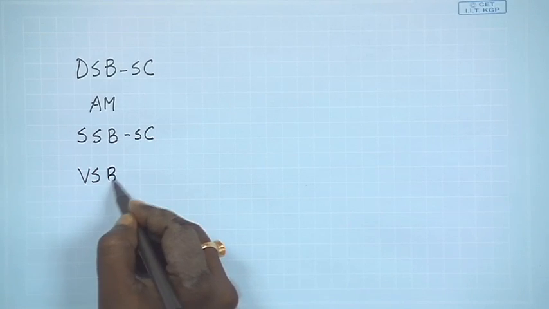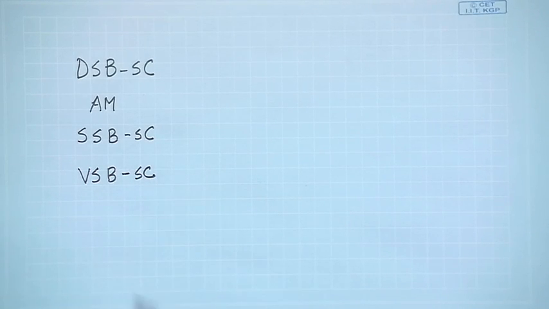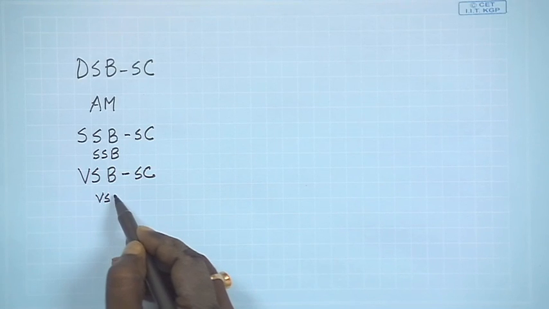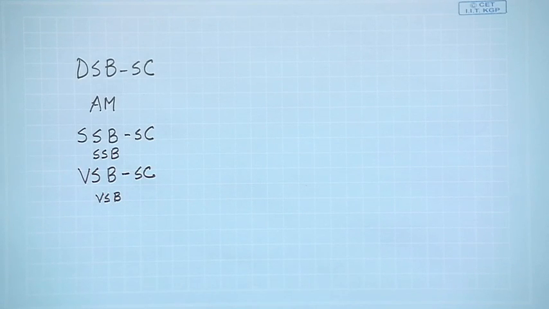So, in the frequency domain there will be no delta term at omega c, which is the carrier, or it can be with carrier. So, there will be a delta term. And then we have talked about another one which is called VSB, vestigial sideband, maybe with suppressed carrier, again maybe with carrier. So, it might be just SSB, VSB with carrier.